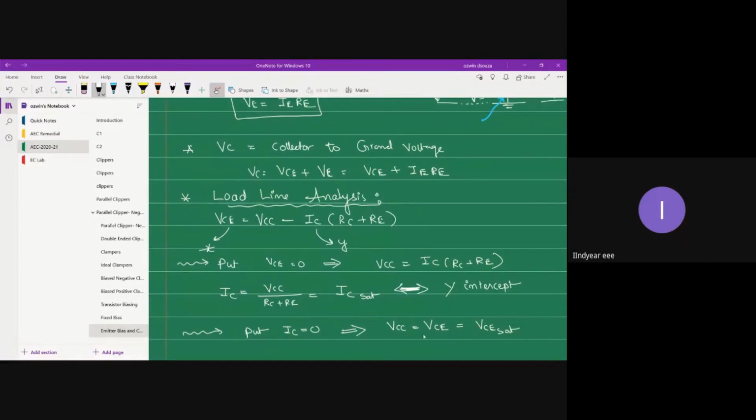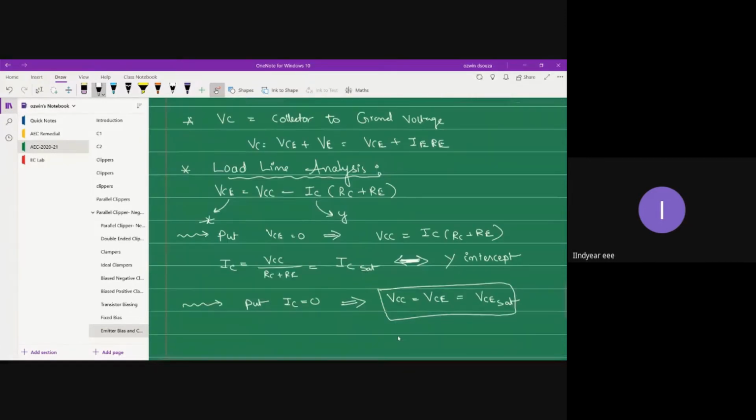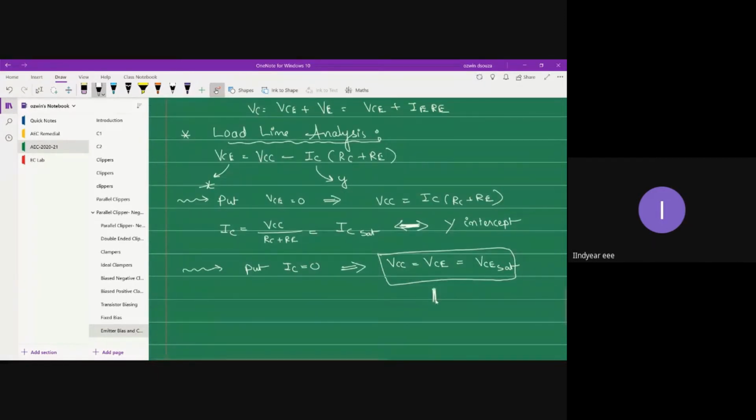Hence, you can write VCE saturation. This VCE saturation basically represents the x-intercept.